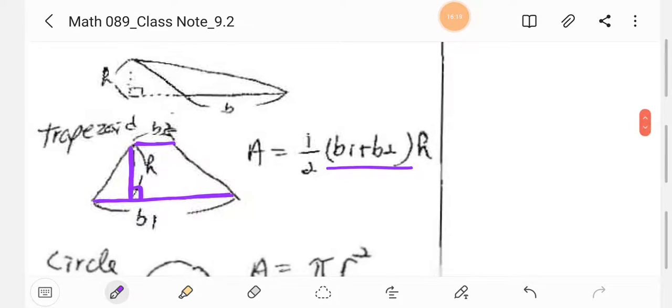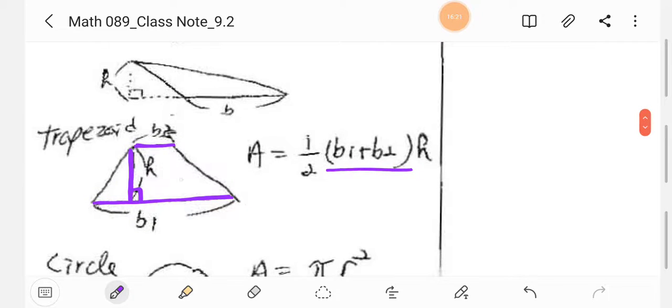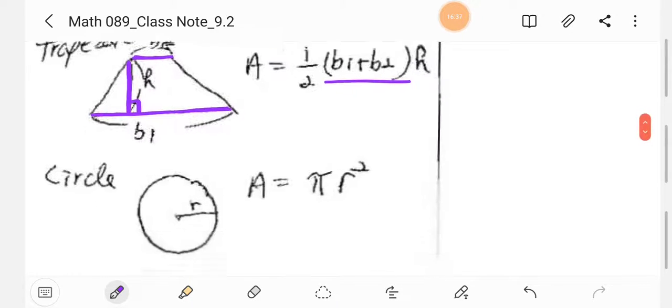For the trapezoid, there are two bases, so same thing. Multiply base by the height and divide by 2. Since there are two bases, add base 1 and base 2, then multiply the height and divide by 2.